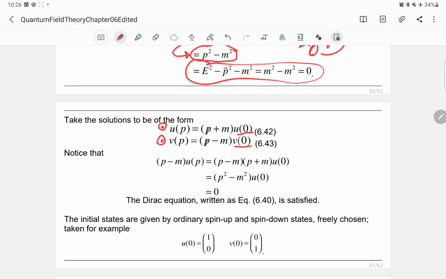By the way, those are the initial states. I mean, those are the states where the particle is still at rest. So the initial states are given by ordinary spin up and spin down states, freely chosen or taken. For example, this one.